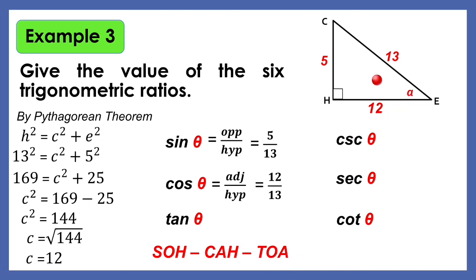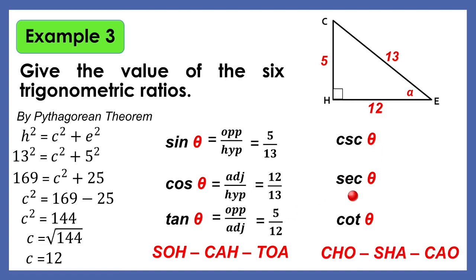Ang opposite is 5. Ang adjacent is 12. So, 5 over 12. Next, cosecant, that is by cho-sha-kaw, cosecant is hypotenuse over opposite. Ang hypotenuse is 13, opposite is 5.